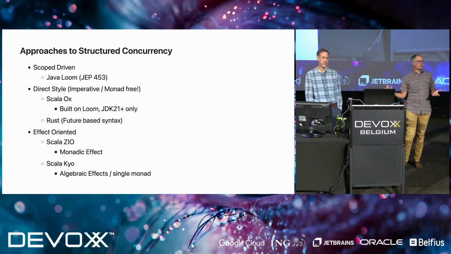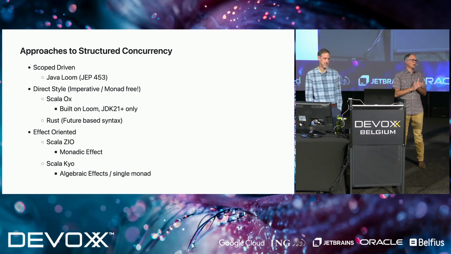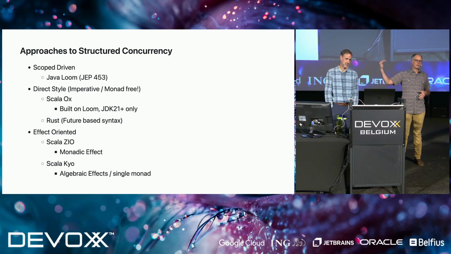And then there's effect-oriented. I just finished writing a book on effect-oriented programming with Scala ZIO, and I'll show a little bit of this today. Don't want to spend too much time on it, but the effect-oriented stuff, I really like this approach. There's two different kinds of styles of effect-oriented.